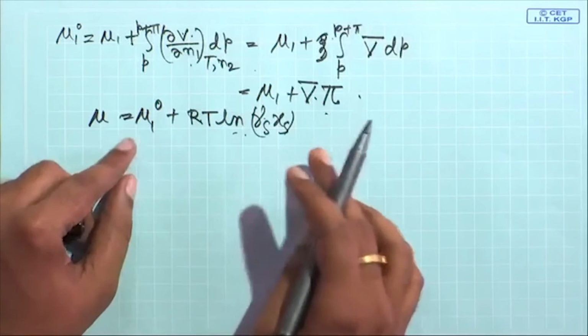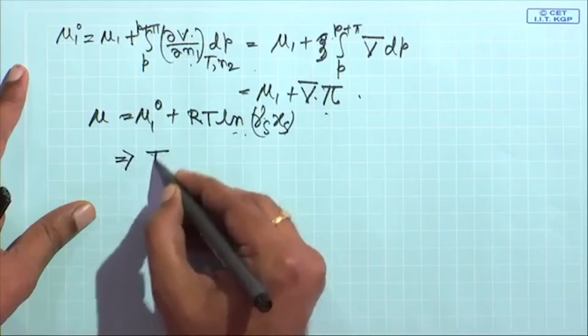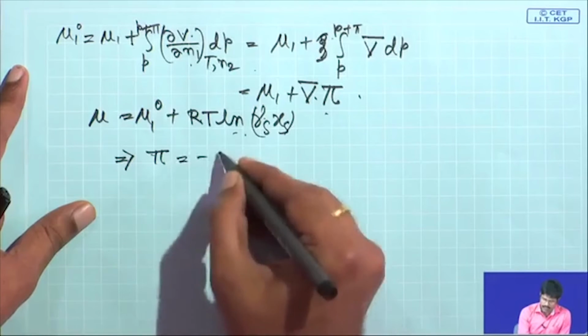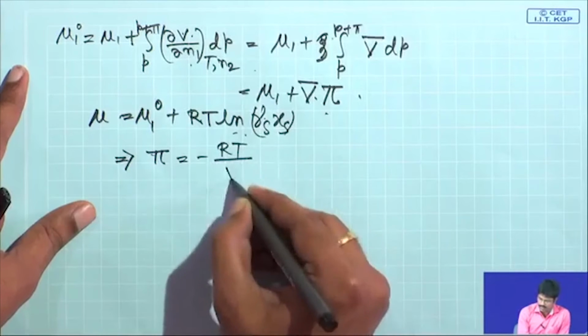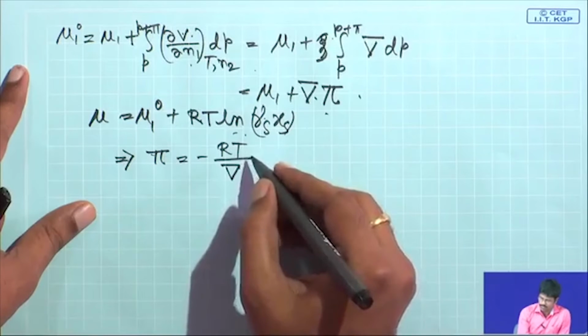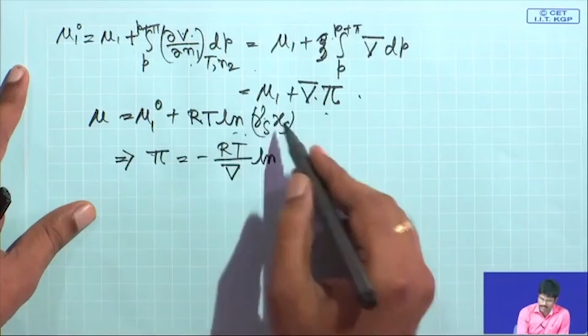So, if you correlate these two, then your pi becomes equal to minus RT by V bar into ln of gamma s into x s.